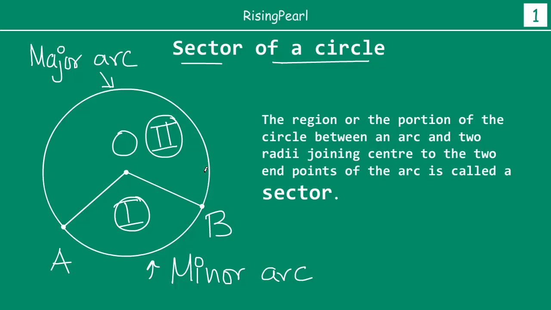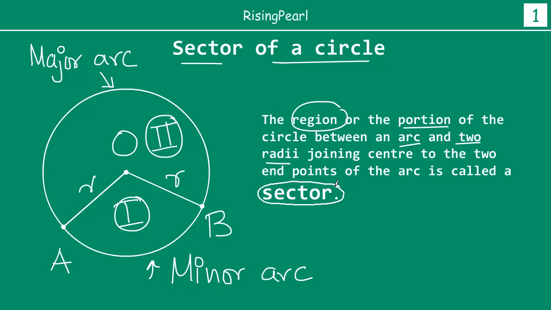So the region, portion or part of the circle in between the arc AB and the 2 radii, if this is R, this is R, so the part of the circle between the arc and the 2 radii joining the center to the end points of the arc, we call that sector.